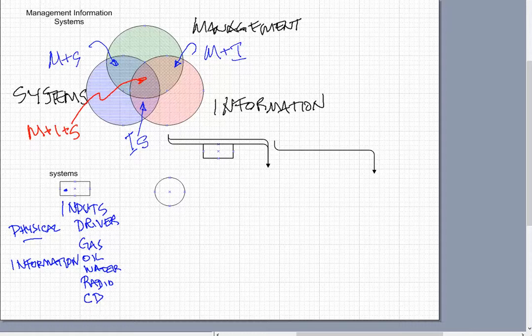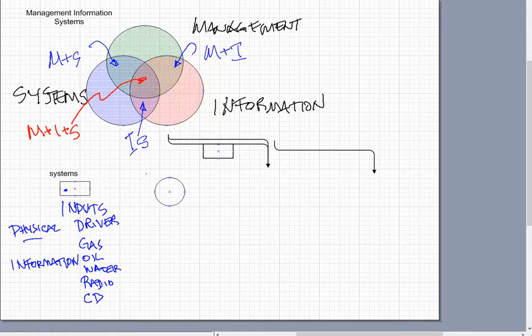Gasoline has to be a certain octane rating so it won't knock. Oil has to be a certain SAE measurement. Water should be distilled water for a radiator and all that. Radio is a certain signal, and the CD has certain information.